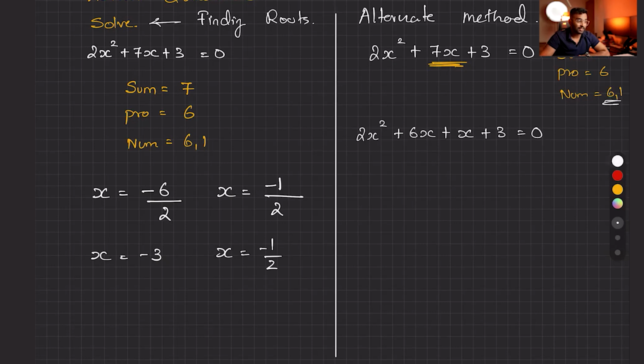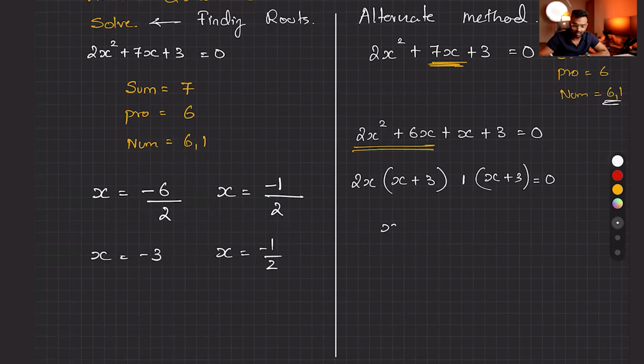Have you guys done that? Has someone learned this? Some schools teach you this way. So then you will take the first two terms and factorize them. So you put it as 2x, and then you have x plus 3, and then you copy x plus 3, and the number comes in front, it's equal to 0.